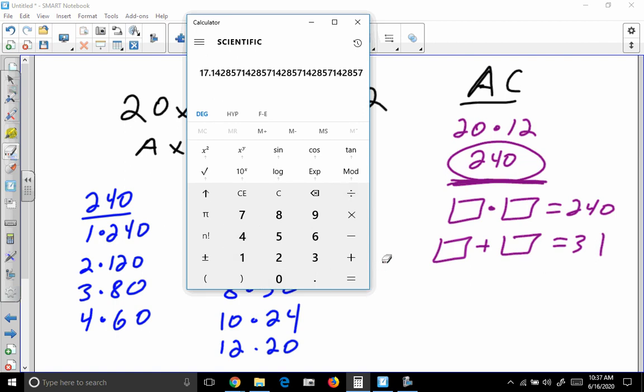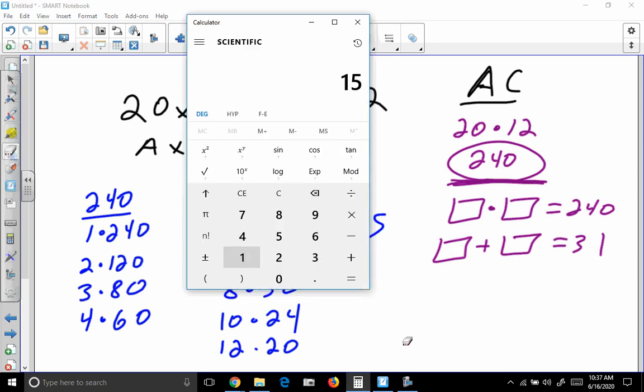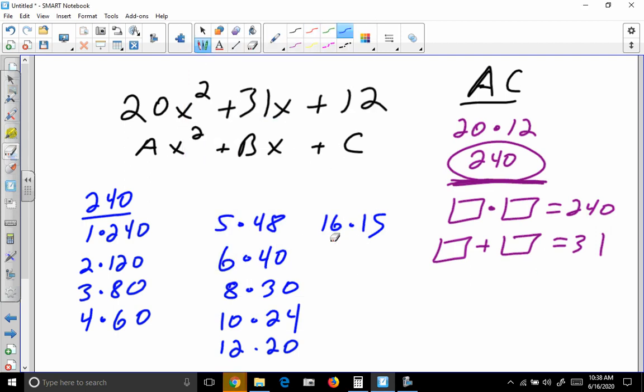If we try 14, 14 doesn't. If we try 16, 16 goes into 240 15 times. 240 divided by 16 is 15. Notice 16 plus 15 is 31.